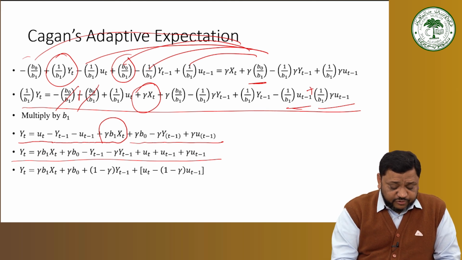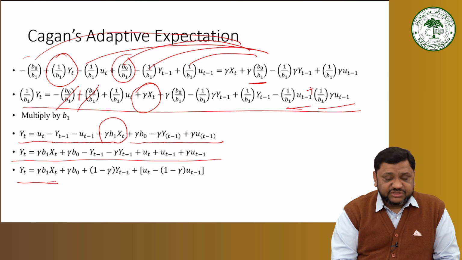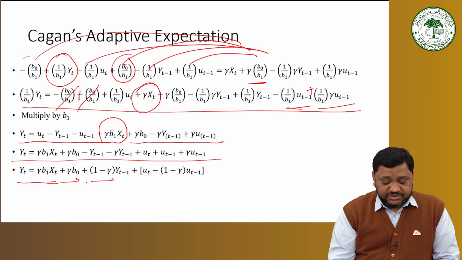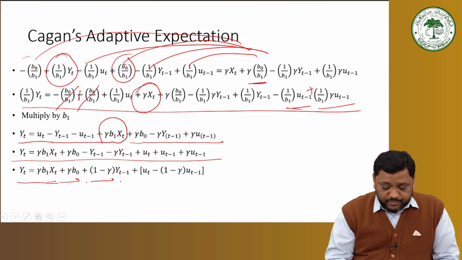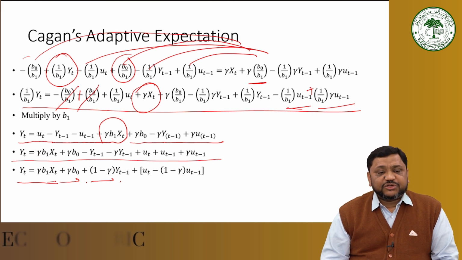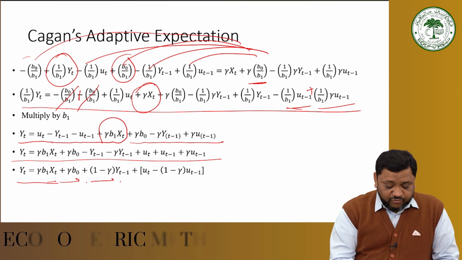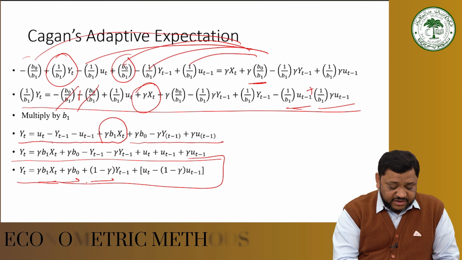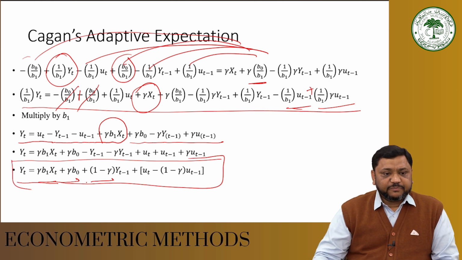Rearranging the terms, finally we get y_t is equal to gamma b1 x_t plus gamma b naught plus (1 minus gamma) y_{t-1} plus u_t minus (1 minus gamma) u_{t-1}. This is the final equation which we are getting.